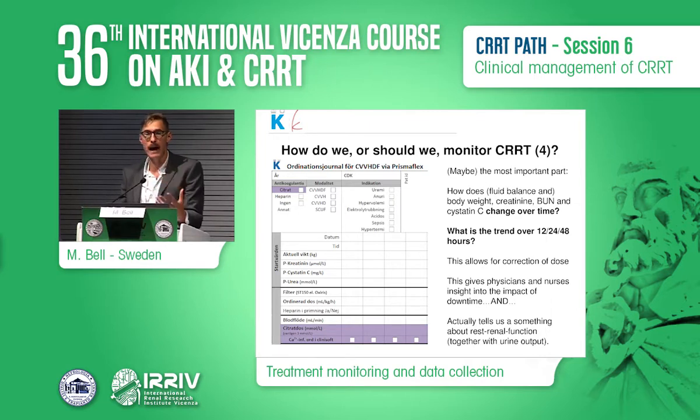This is a very pragmatic way of enlightening people and making them see this particular treatment just like they would treat antibiotics or vasopressor support or mechanical ventilation. You force them to evaluate the treatment.